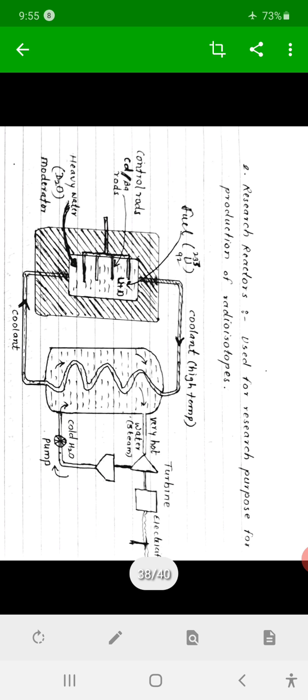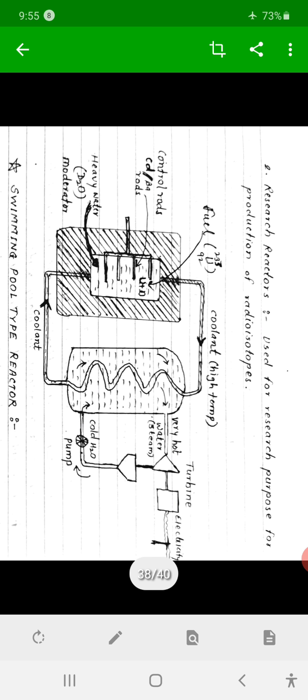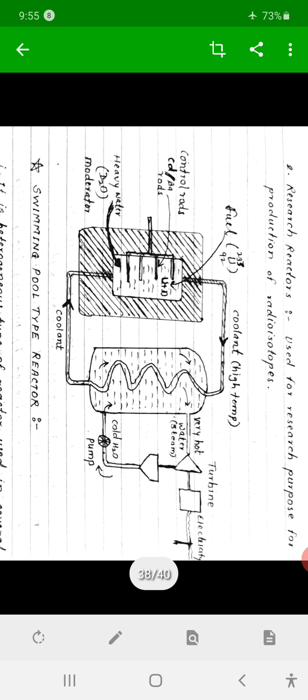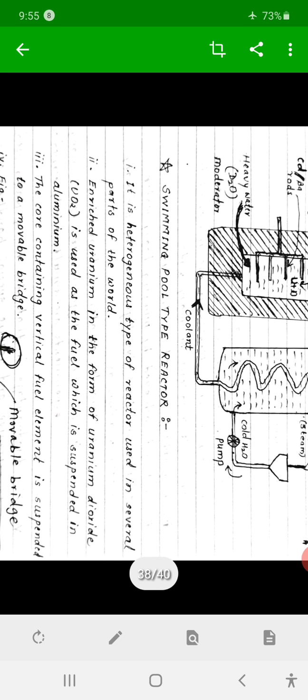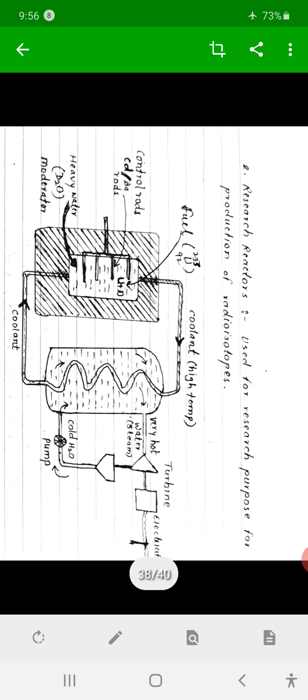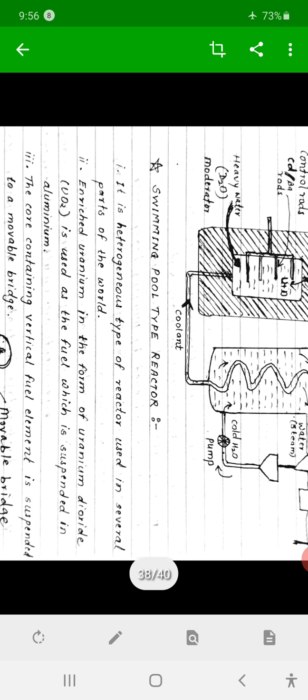Then the research reactor, used for research purposes and for the production of radioisotopes for study. These nuclear reactors exist underground in large research labs.